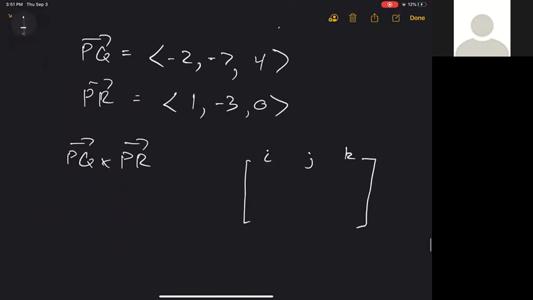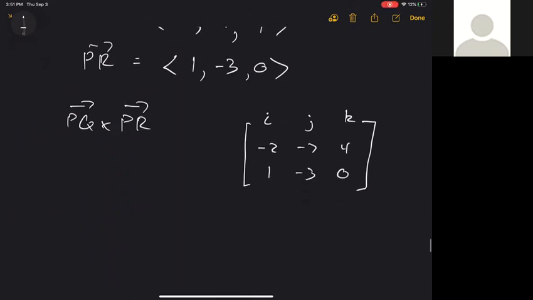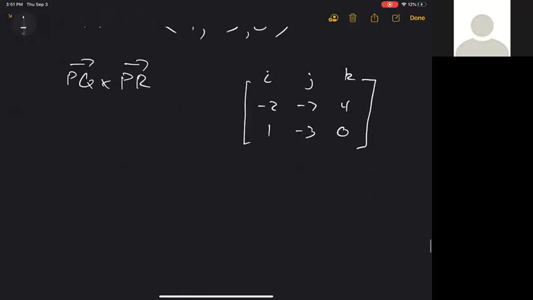In my first row, I'm going to put i, j, k. In my second row, I put -2, -7, 4. In my third row, I put 1, -3, 0. Now I take the determinant. I do i times, I eliminate that column and row, -7 times 0 minus -12, so times 12.